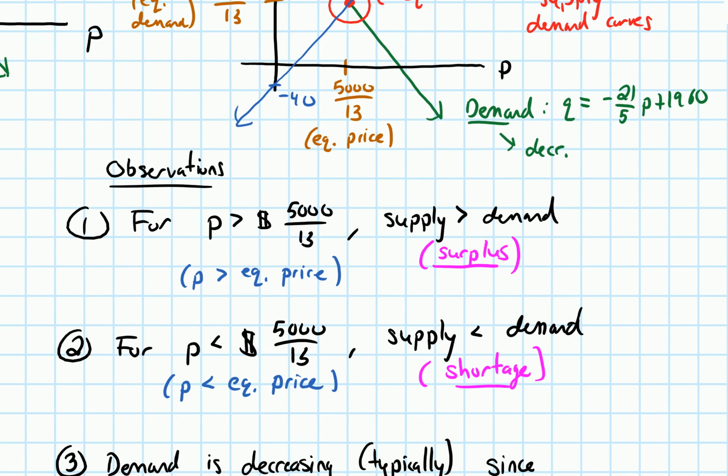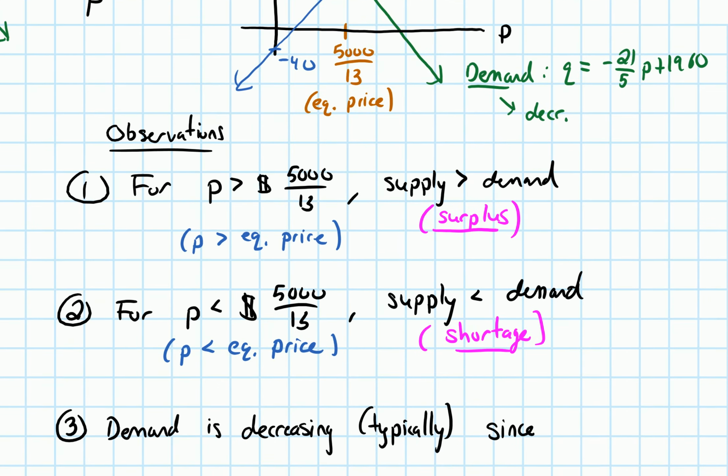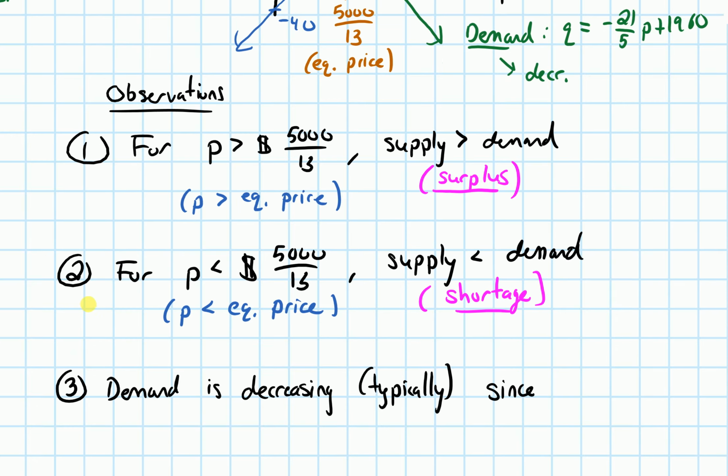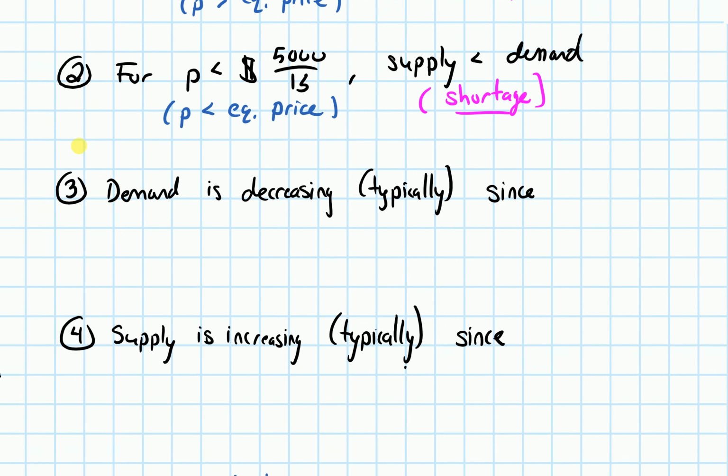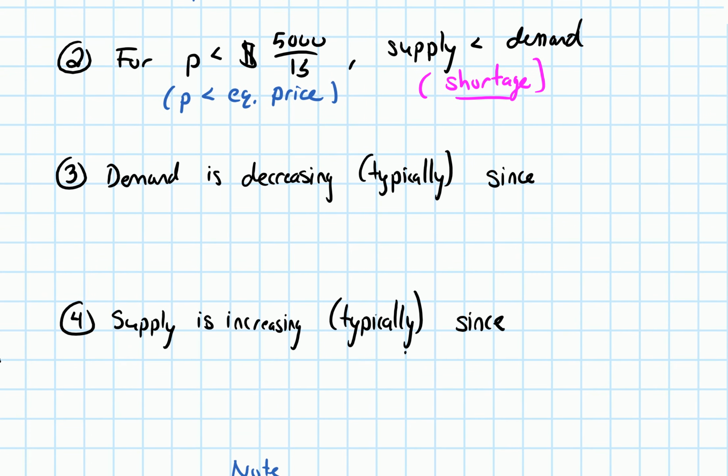So two more observations. These are more general observations about demand and supply and whether they're decreasing or increasing, and why. The demand we've seen is decreasing.